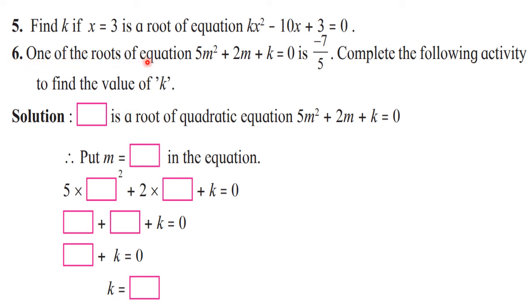One of the roots of equation 5m square plus 2m plus k is equal to 0 is minus 7 upon 5. Complete the following activity to find the value of k. So what we can find here is, in the equation, one constant is unknown.